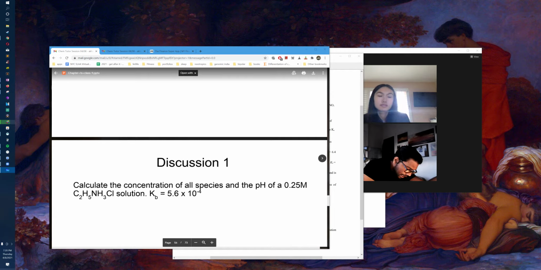And on the top, it's going to be OH minus times whatever the conjugate acid is, I suppose. Conjugate acid, I guess that's like H.